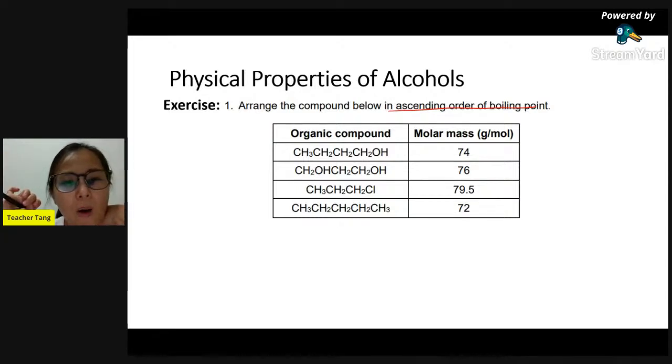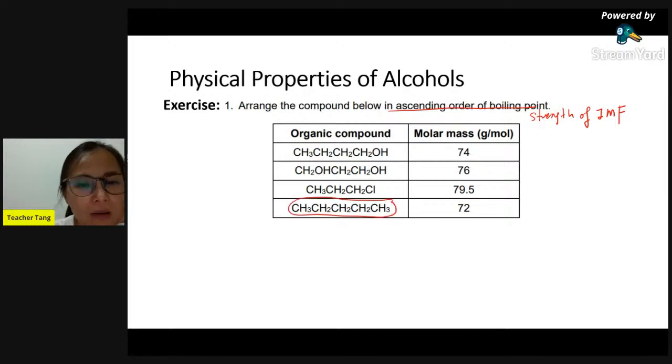So it's not the molar mass that determines the boiling point. It will be the strength of intermolecular forces that is going to affect the boiling point of these organic compounds.